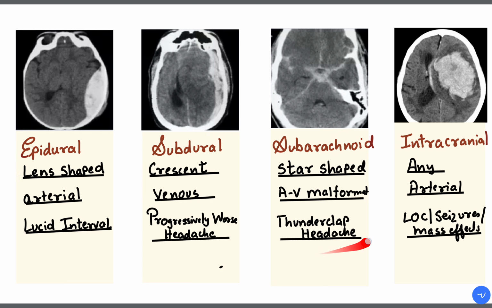The classical feature is thunderclap headache, or the patient may say he had the worst headache of his life. And lastly, we have intraparenchymal hemorrhage, as seen in stroke patients. The shape can be any. The source of blood is arterial, and the features may be loss of consciousness, seizures, mass effects, and effects related to hydrocephalus.